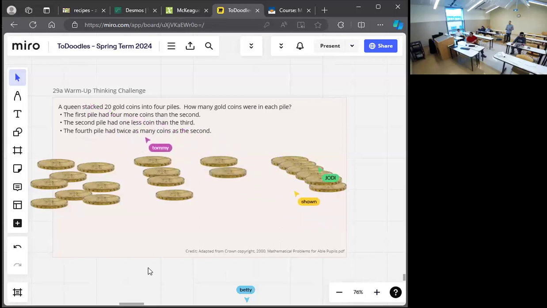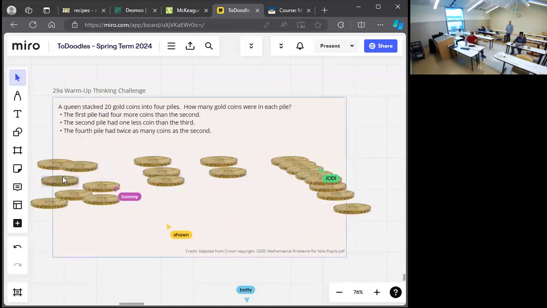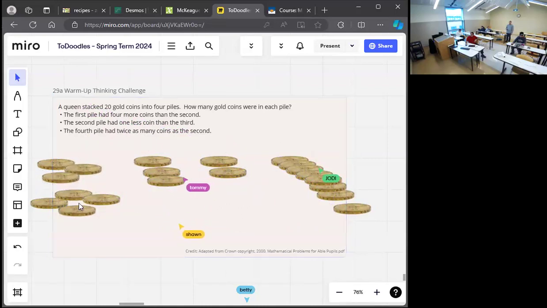It looks like we're running out of coins. I think the second pile having 4 is too many. Yeah, I'm going to move it over here. So if the second pile is 3, the first pile is 4 more than that. So there's the 3 plus 4 more.